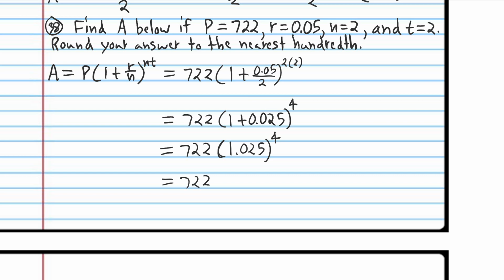So if you have a smartphone, you need to put it in landscape mode. What you're going to do is plug in 1.025 on your calculator, and then push the button that looks like this, x to the y power. At least that's how my button looks on my iPhone. It may be slightly different on your phone, but it should be x to the y power. You're going to push that button.